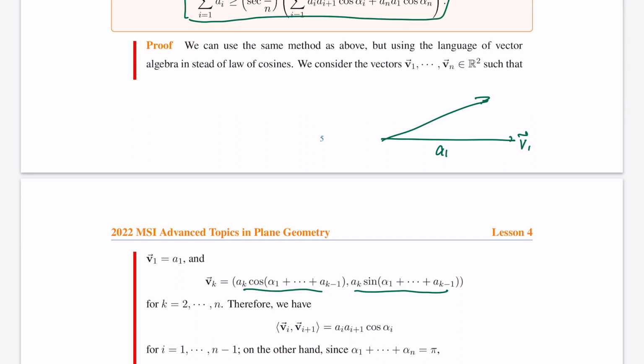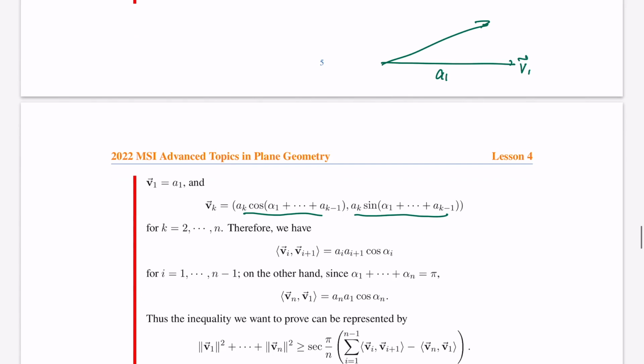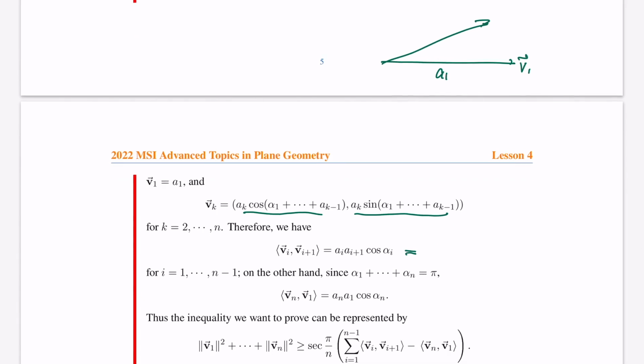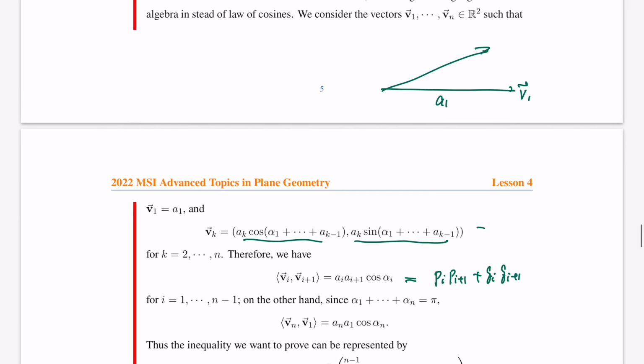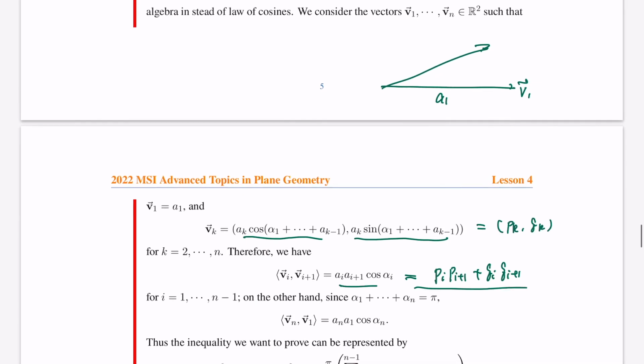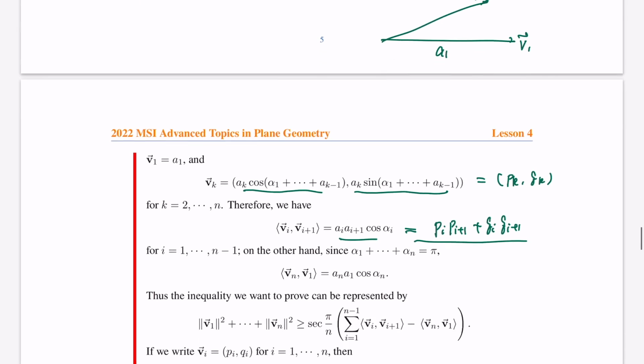If you are not familiar with the dot product, it is the same as the law of cosines, so you can reprove this using the law of cosines. What I want to prove is that this is equal to pi plus 1 times pi plus qi plus 1 qi. Suppose this is pk, qk. You can use the law of cosines to prove them directly.